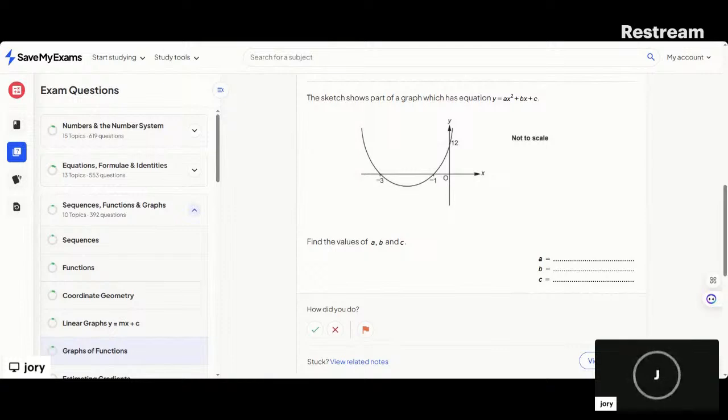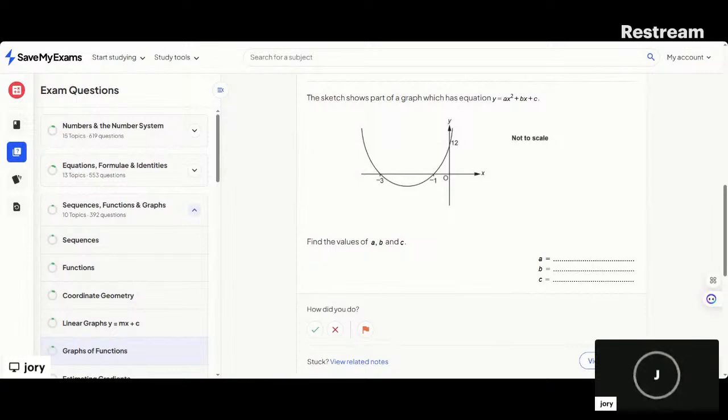So 0 equals a, and then let's try -1 first, squared, which is 1, so 0 equals a minus b plus 12. So a minus b equals -12.